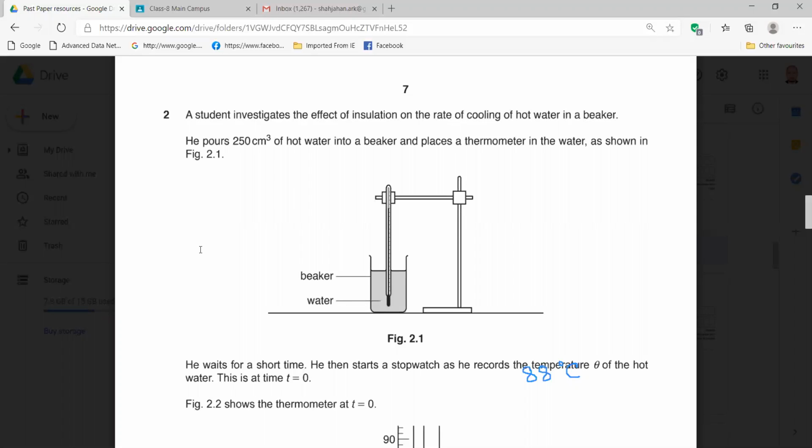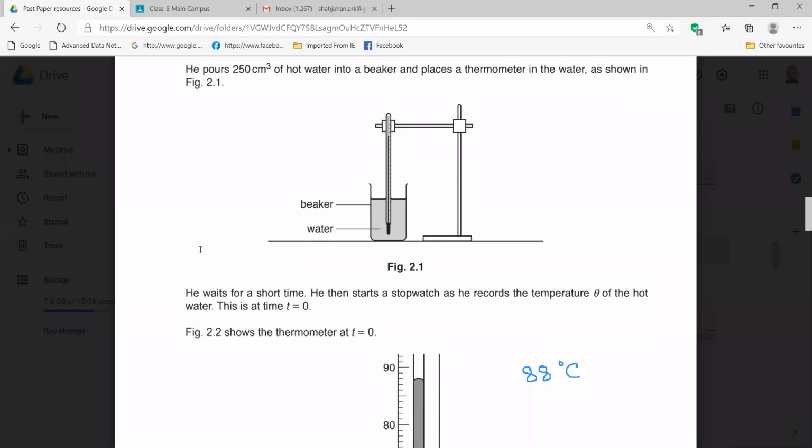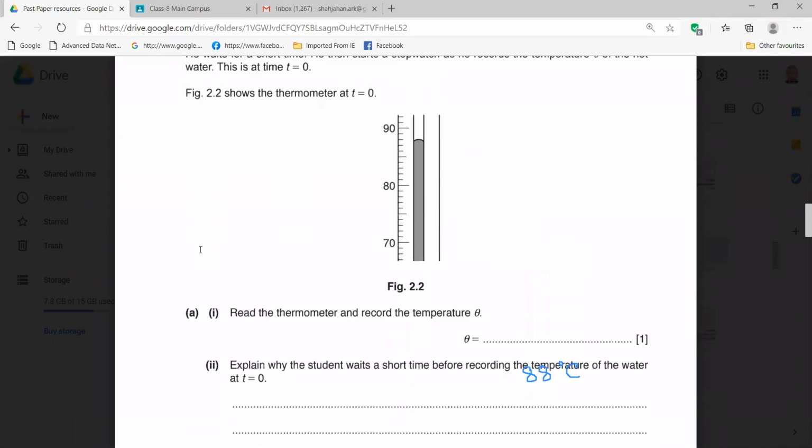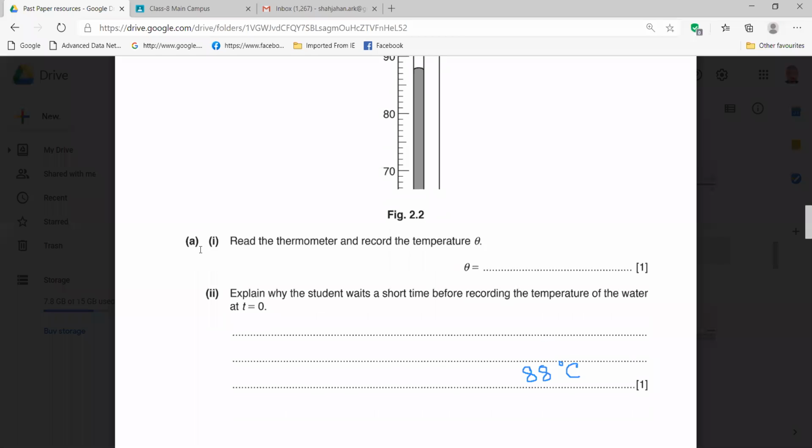He is doing it quickly. He is taking the record quickly so that there is no change in temperature actually. If he waits for a long time, what will happen?